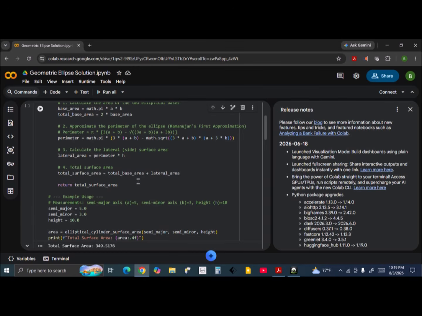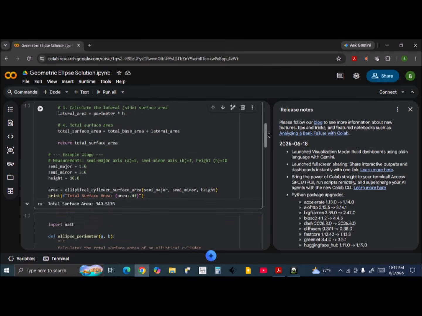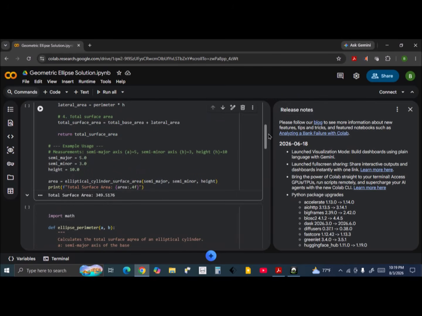And then this program calculates the total surface area. We run it for an ellipse with semi-major axis 5, semi-minor axis 3, and we print out the total surface area.